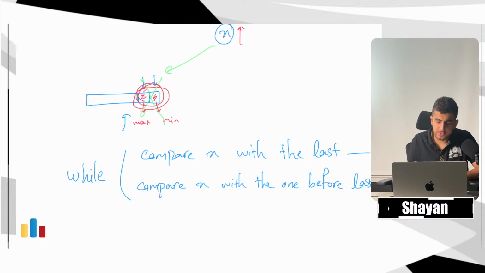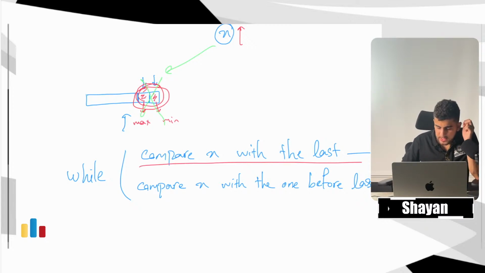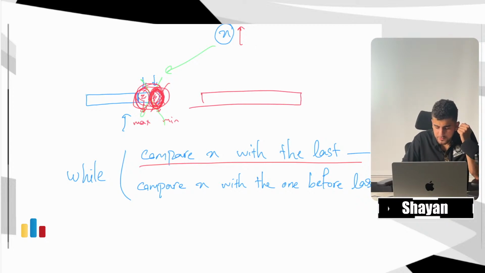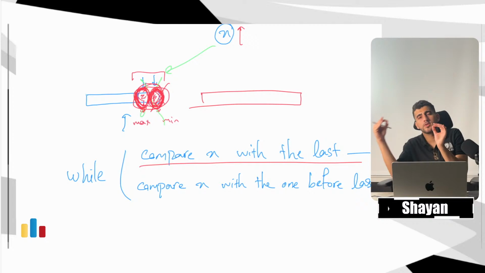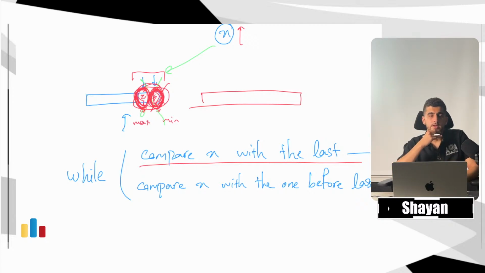I compare it with these two, and do not forget that if I want to put x instead of the last one, the CNT of the last one must be non-zero in the future. It means that I need to have another copy of this last one in the future. If I want to replace the one before last as well, the counter of both of them must be non-zero, because I need to remove 2 elements this way, and I need to be able to add both of them back again.